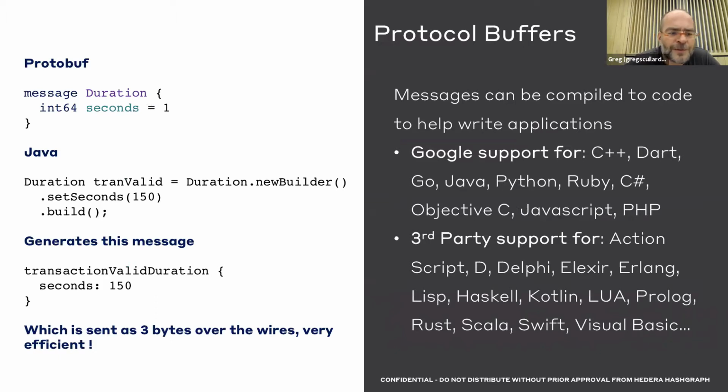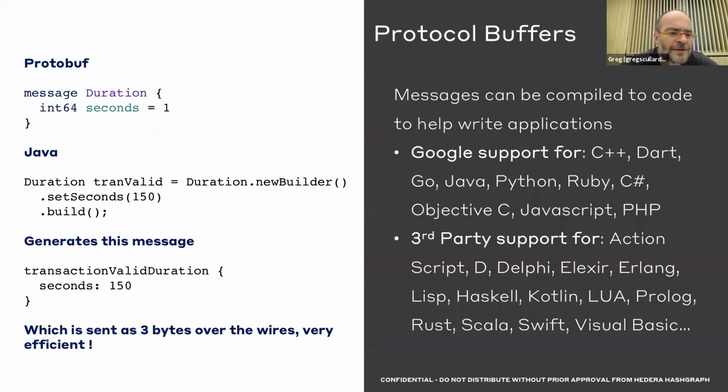Having defined all those messages, we can compile them to a number of languages, either supported by Google or third parties. So yes, you can compile these protobuf messages, which will generate code that gives you methods and functions for creating and reading protobuf messages.